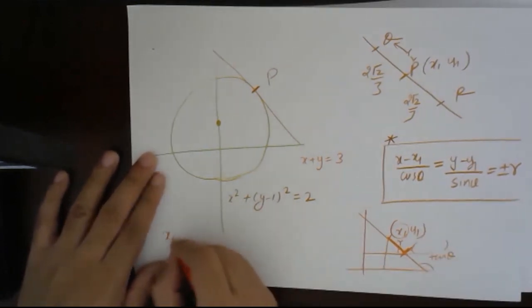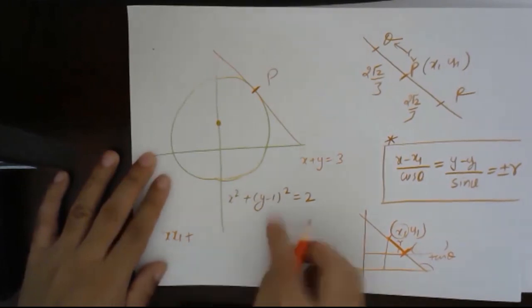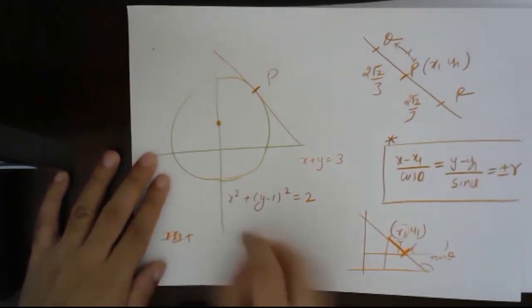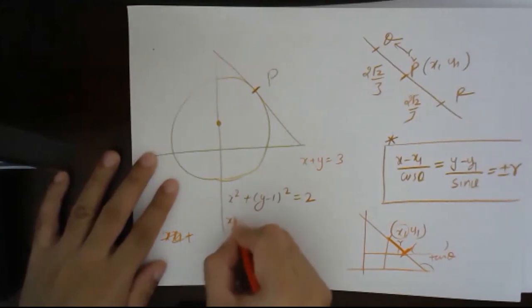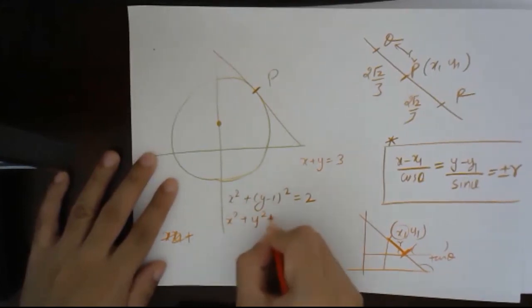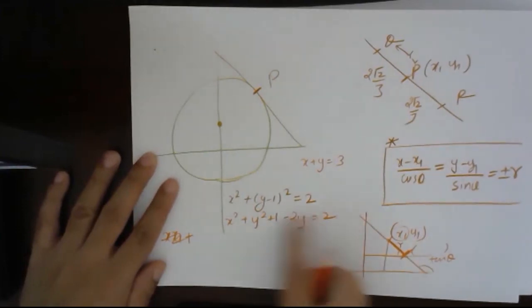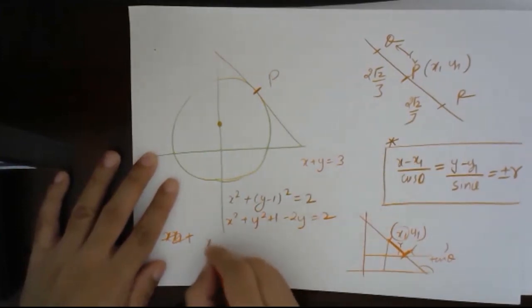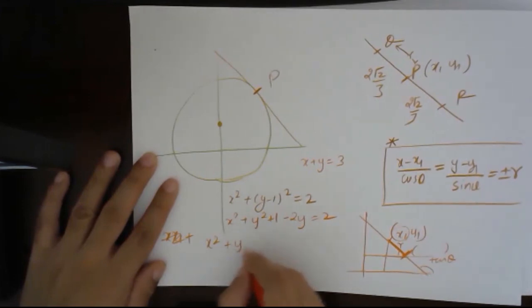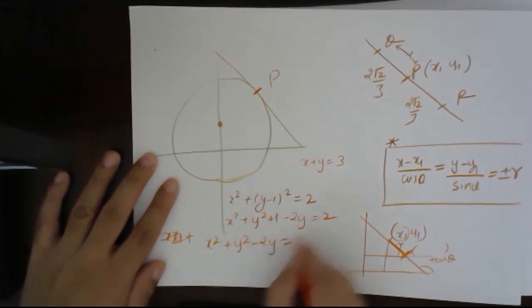So I will first expand this. This is x square plus y square plus 1 minus 2y is equal to 2. I will take this 2 on the other side. So this is x square plus y square minus 2y is equal to 1.